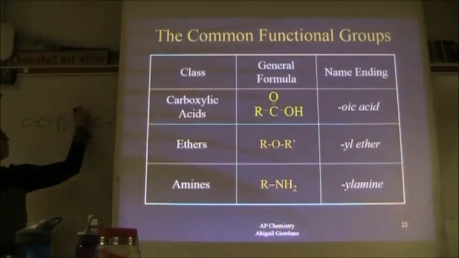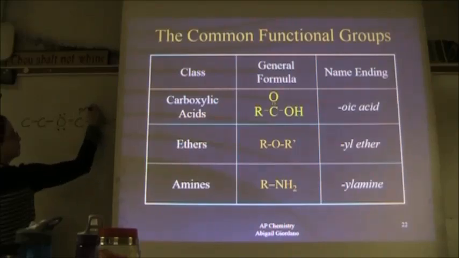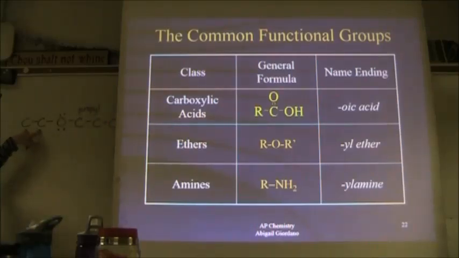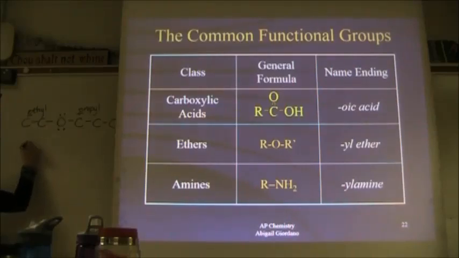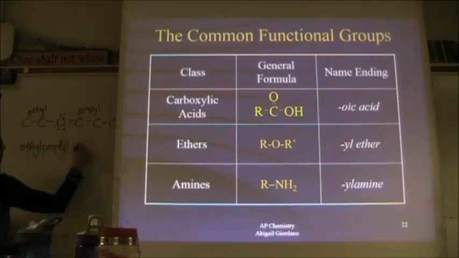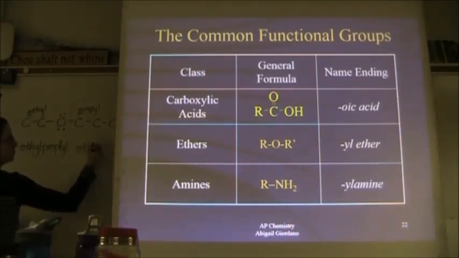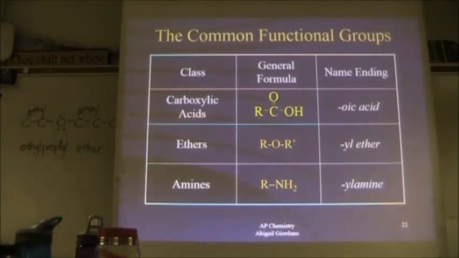Propyl. How do you name a 2-carbon substituent? What comes first in the alphabet, E or P? All one word, ethyl propyl, space, ether. Ethyl propyl ether.